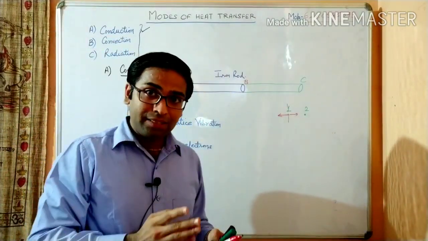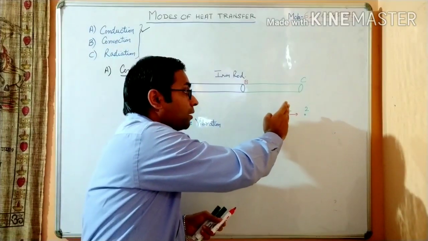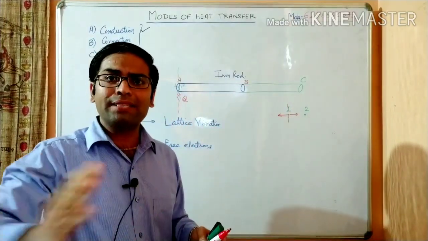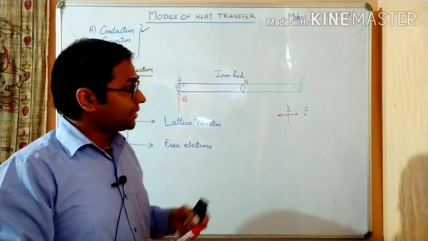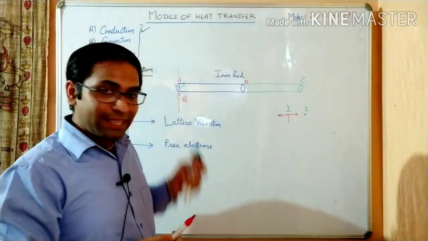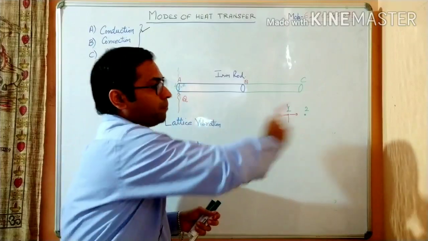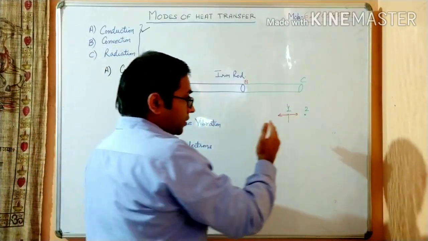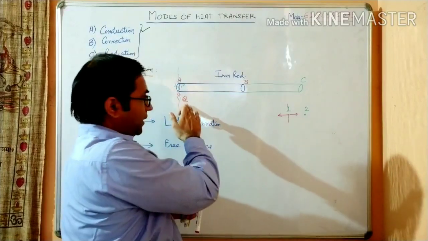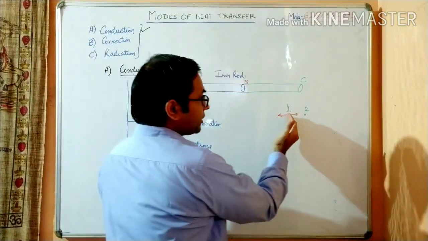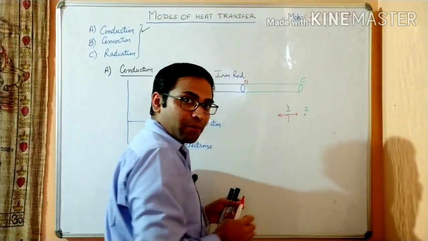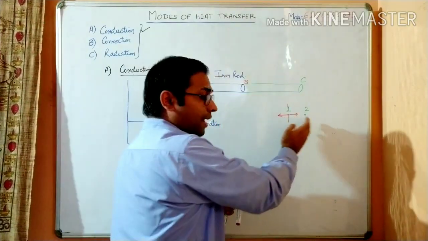The displacement of this molecule about its mean position, which you can call as amplitude of the vibration, is directly proportional to the supplied heat. More is the heat supplied, more it will be displaced from its mean position. Suppose, to begin with, when it receives heat, it leaves its mean position and it goes towards the right side.